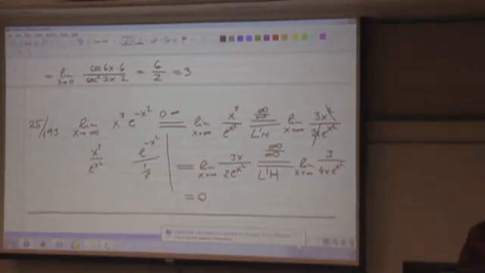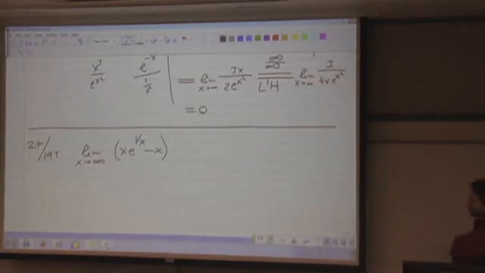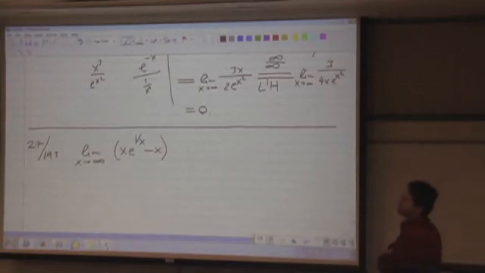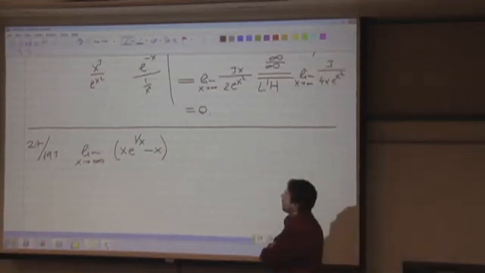Well, since you're also versatile in this, let's try something else. The limit as x goes to infinity of x e to the 1 over x minus x. So now, what would this limit be?